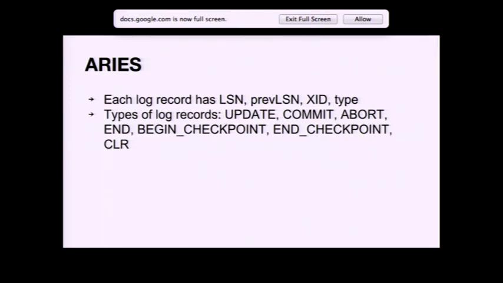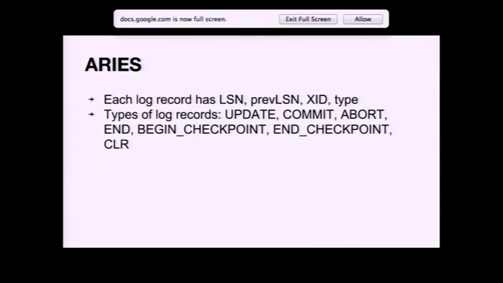And we don't necessarily do the action because we're using a policy that's known as no force and steal. More information about this is in the lecture slides. It basically just means that we can do actions, but then they might not necessarily occur on disk. That's where the log comes in. We write it to the log, but we don't necessarily actually do it on disk. So the log record actually reflects what's going on in the database as we perform actions.